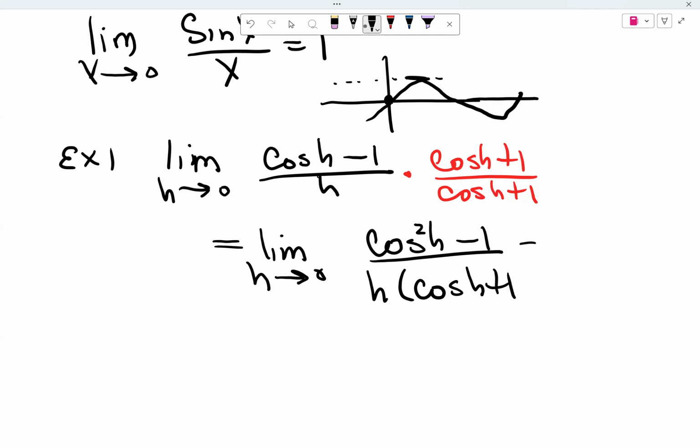Now, remember how I said to you, don't forget sine squared x plus cosine squared x equals 1? This simplifies to be negative sine squared h over, obviously, h times cosine h plus 1.